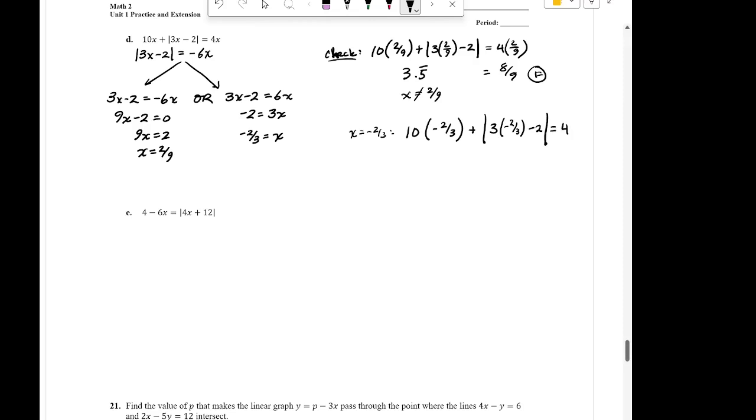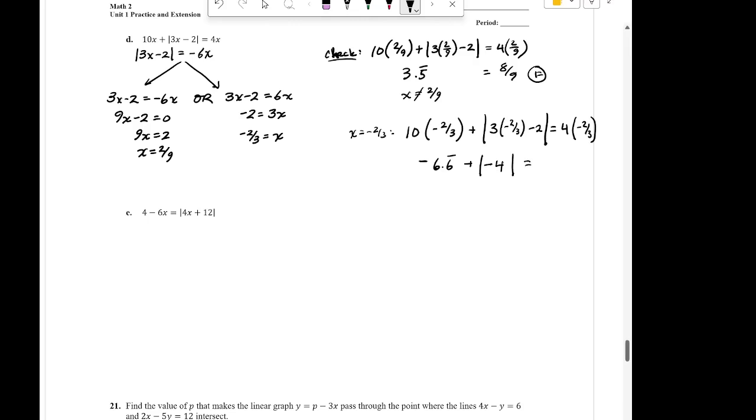And we're checking, is that 4 times negative 2/3? Okay, so 10 times negative 2/3 is negative 6.6 repeating. This on the inside, 3 times negative 2/3, that's going to be negative 2, minus 2 more. That's going to be negative 4 on the inside.